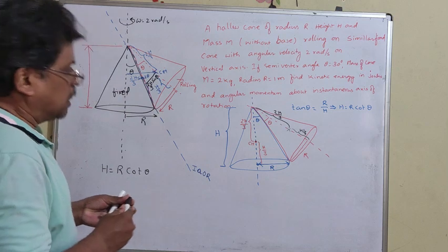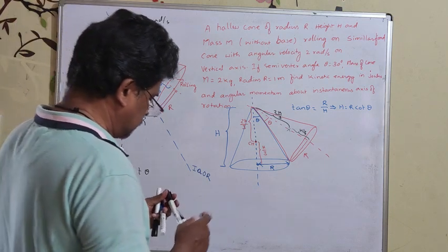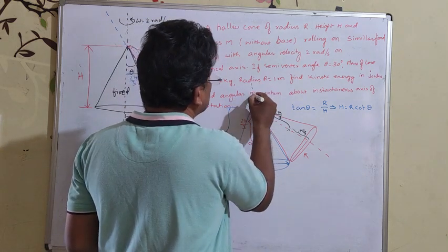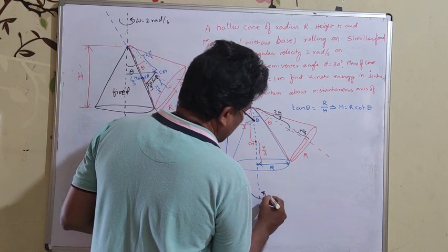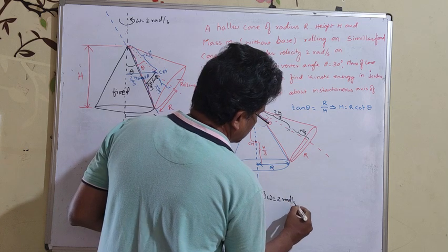This cone is rotating about the vertical axis. This is the vertical axis, with angular velocity omega equal to 2 radian per second.